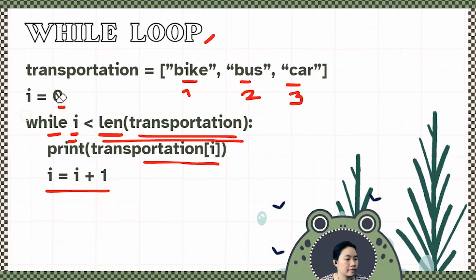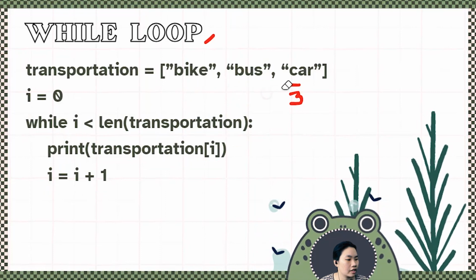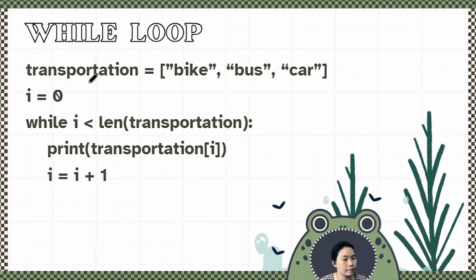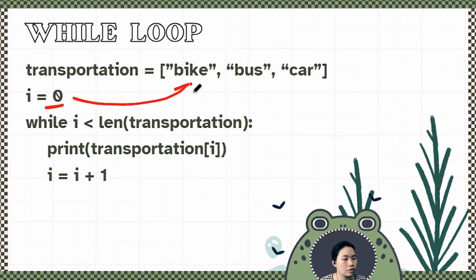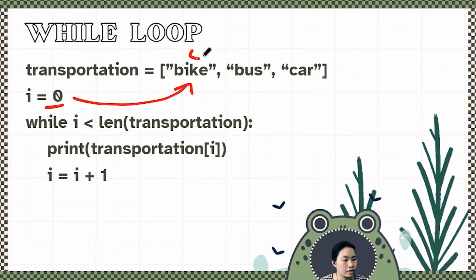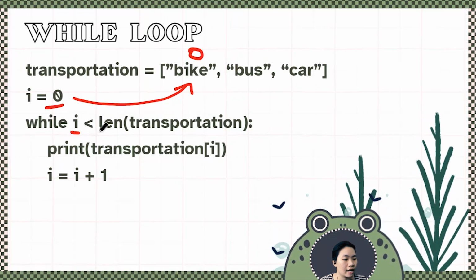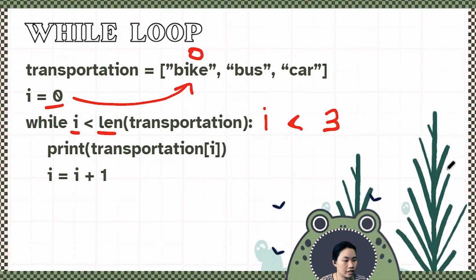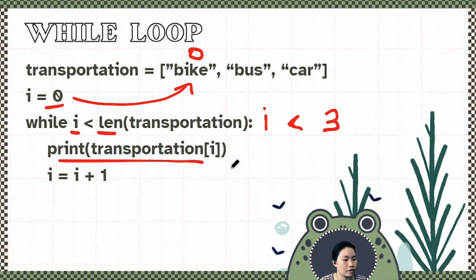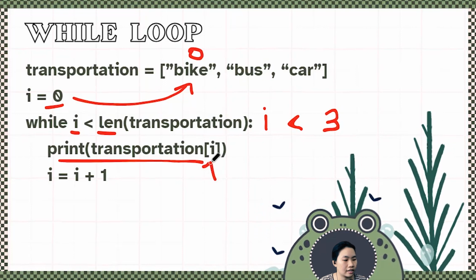Now, what does this mean? It may seem very complicated, but it is absolutely not. We set i equals to 0. That corresponds to the first index number, which is 0. While i is less than the length of transportation, or i is less than 3, print transportation with the index number.